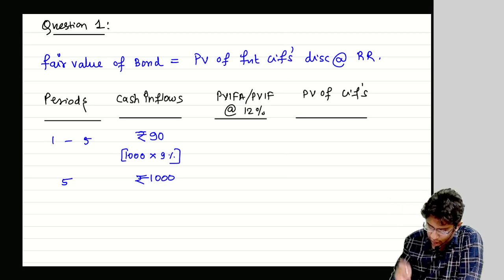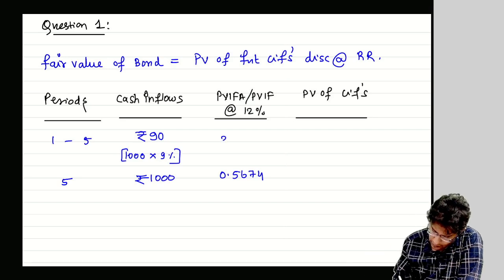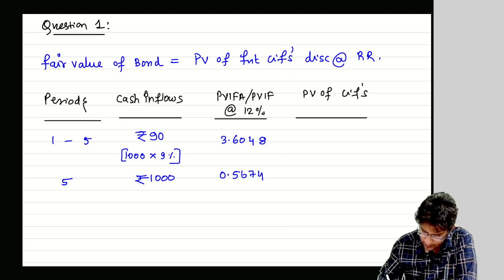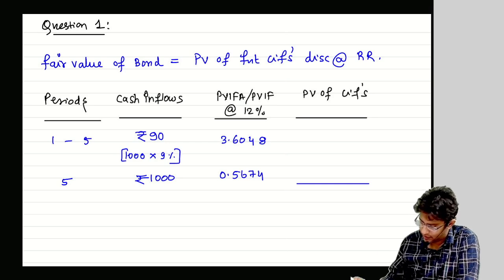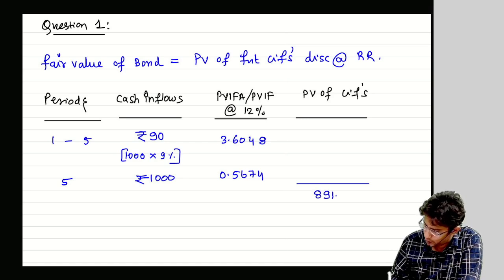First write this off, it will be easy for you. Then press GT. Multiply this 90 into 3.6048 and 567.4. 891.83.